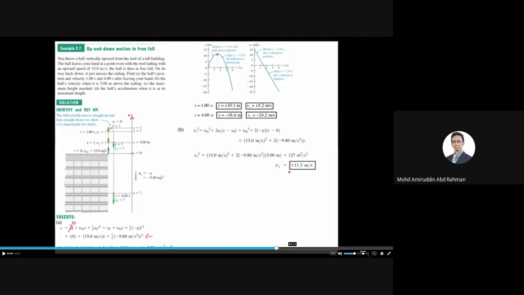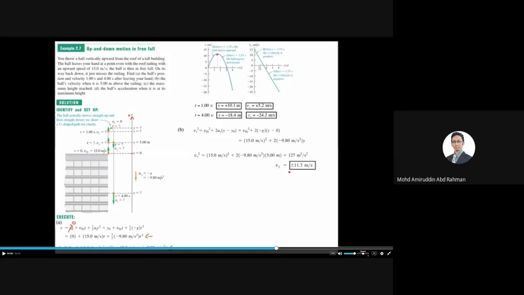You notice that you will obtain a plus or minus because it is a square root. How do you know whether it is positive or negative? It should be positive, because the ball is still at this point.